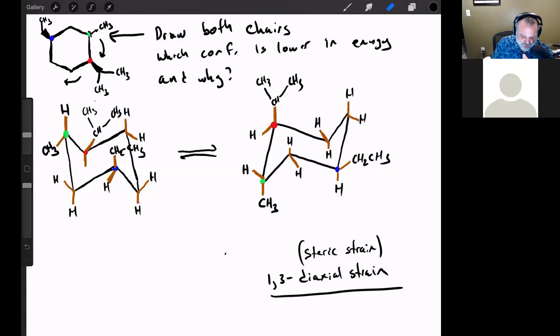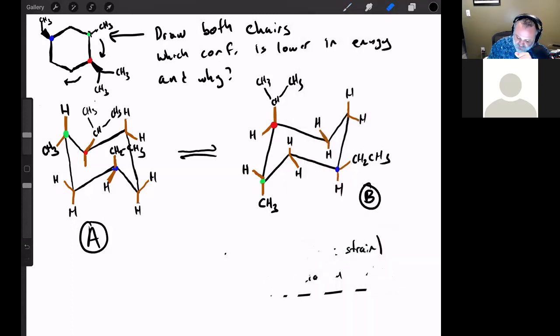Well, in structure A, we have the isopropyl group equatorial and the methyl group equatorial. In structure B, we have the isopropyl group axial and the methyl group axial. In structure A, the ethyl group is axial, and in structure B, the ethyl group is equatorial.